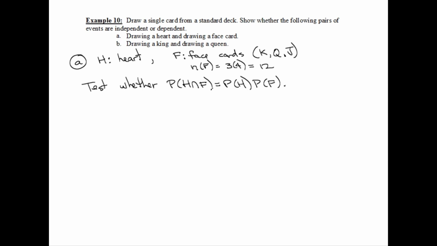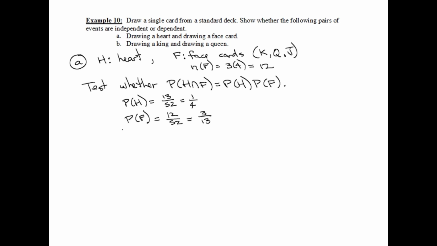So there are 3 probabilities that we need to find here. The probability of H: we know there's 13 hearts, 52 cards, so 13 out of 52 is a fourth. The probability of getting a face card: there's 12 of those out of 52 cards, so 3 over 13.